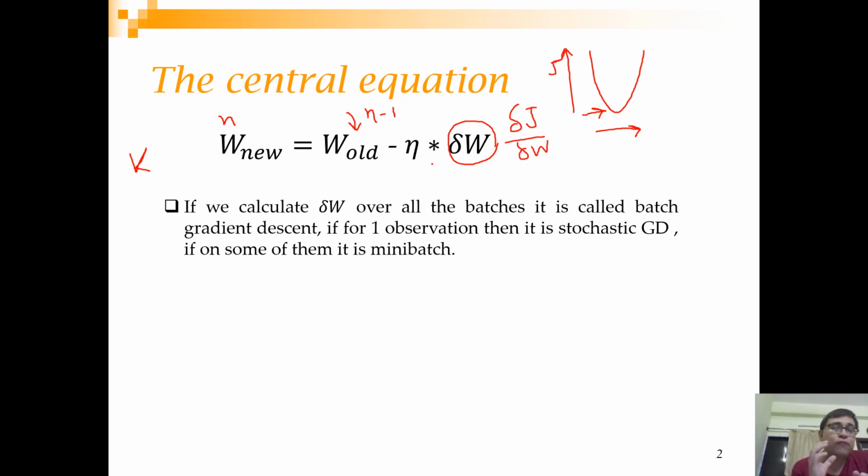If I calculate the loss and find the gradient after each observation, then this is called stochastic gradient descent. Alternatively, I can calculate this on p observations, where p is a subset of k, and in this case we call this mini batch gradient descent.